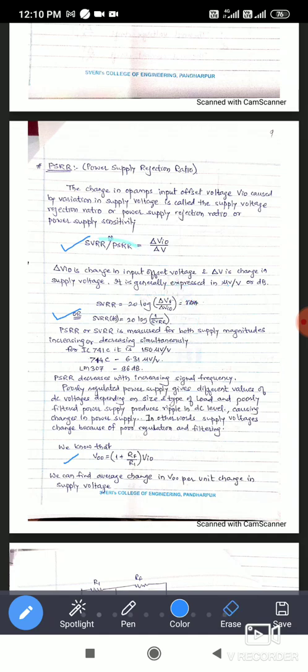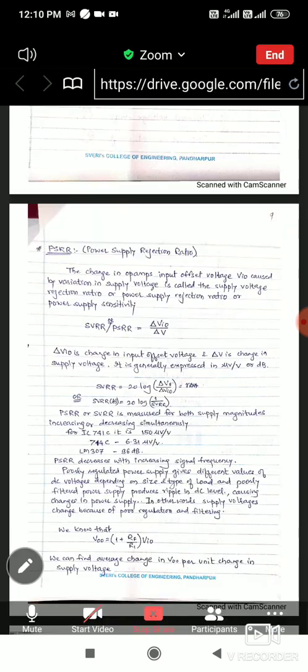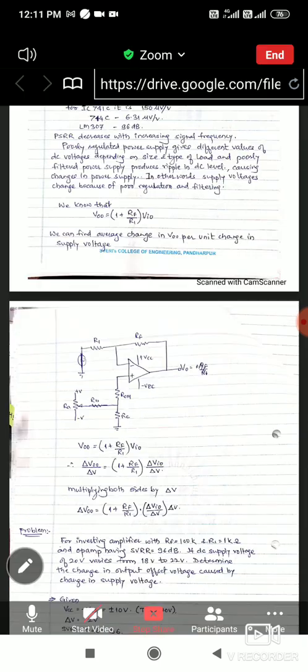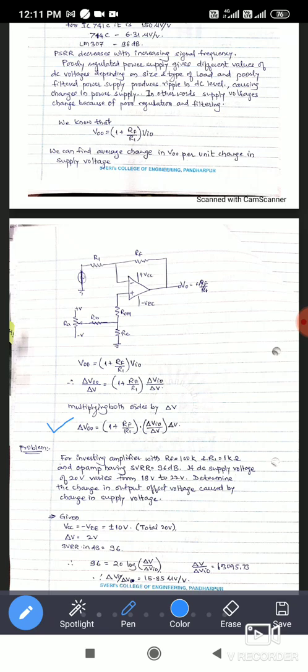So the final output offset voltage due to change in power supply is given by delta VOOT equal to 1 plus RF divided by R1 into change in input offset voltage with respect to change in power supply, into change in power supply. We have to use this expression to find the change in output offset voltage. We have discussed up to this point in the previous lecture.